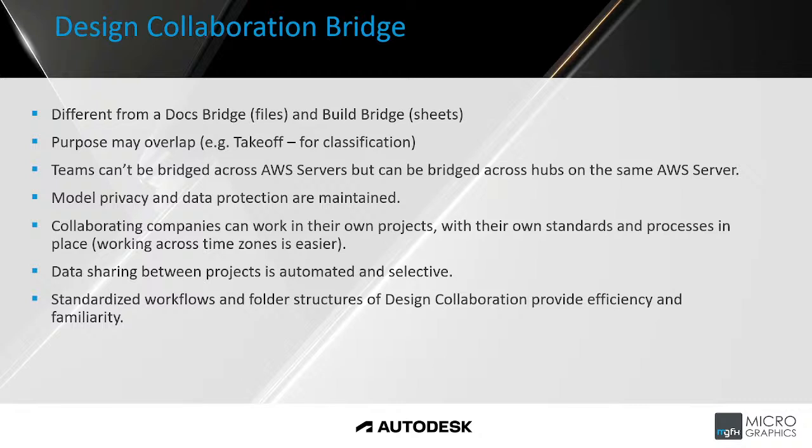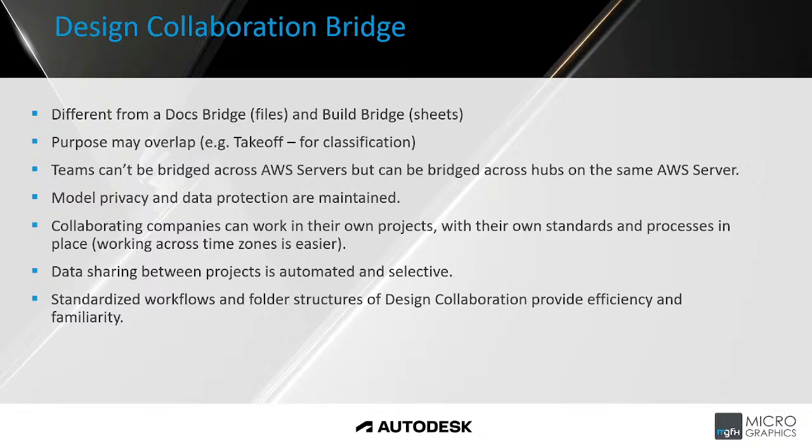You cannot bridge across regional servers. So if your project is in Europe, you cannot bridge across to America, and vice versa, or for that matter to Australia. So at the beginning of a project, you must make sure that anybody and everybody that needs to bridge is on the same geographic Amazon Web Service.